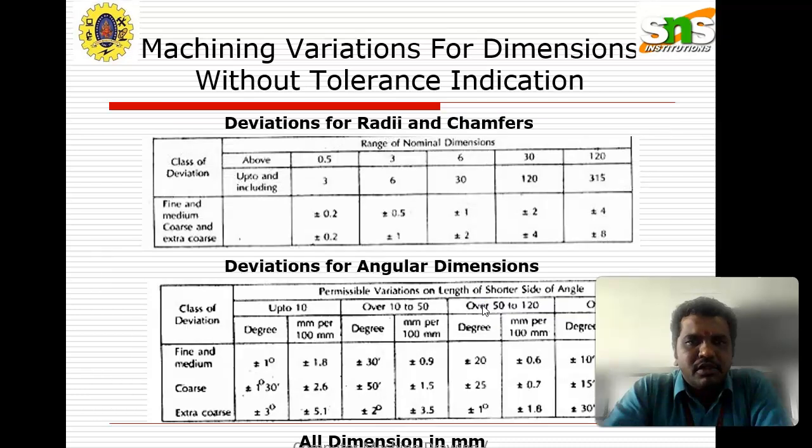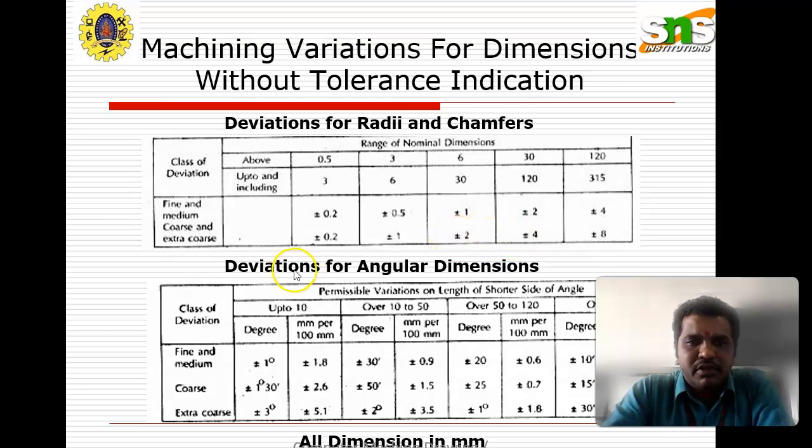Next is the deviation without tolerance indications according to radii and chamfers. Here are the fine, medium, coarse and extra coarse classes of deviation, up to and including the value of the dimensions, from 0.5 to 120 and up to 315, with extra coarse values of plus or minus 8, plus or minus 4 and plus or minus 2.